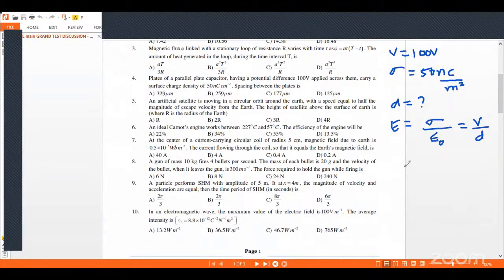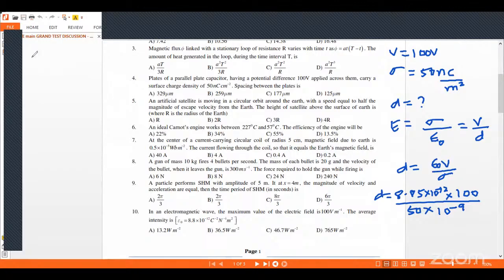So D equal to epsilon naught V by sigma. Epsilon naught has value 8.85 into 10 power minus 12. Potential difference is 100 volt, by sigma, that means 50 into nanocoulomb means 10 power minus 9.